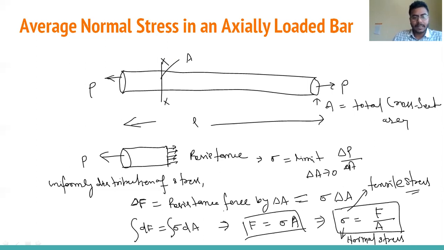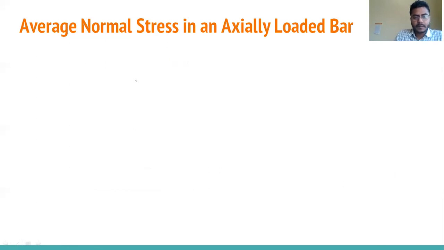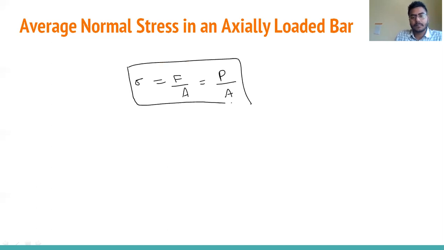Now I'm saying that the total resistance is calculated, that is F. So from the equilibrium condition, we can write P is equal to F, right? Finally, we can write sigma is equal to F by A is equal to P by A. So whenever you want the stress, this is how it comes.